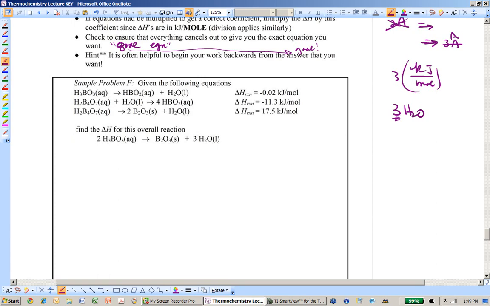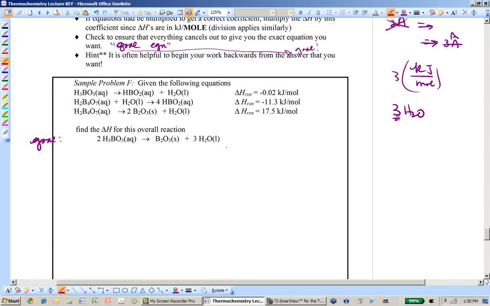That's a good start. It has H3BO3 on the left. That's a good start. The next equation has something in it that doesn't even belong at all in my goal. So I look at the third one and see the same blasted thing. So one of those is going to be switched because somewhere I've got to cancel out that H2B4O7 because it's not my goal equation at all. And this is what I call my goal for this overall reaction. I call it my goal equation.